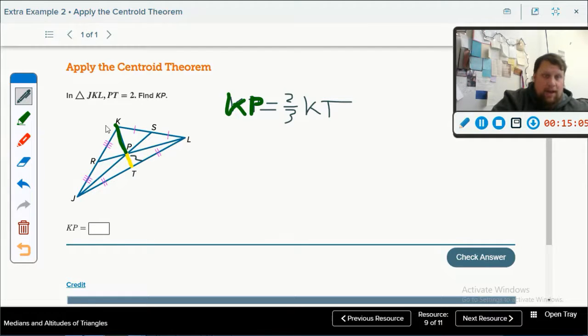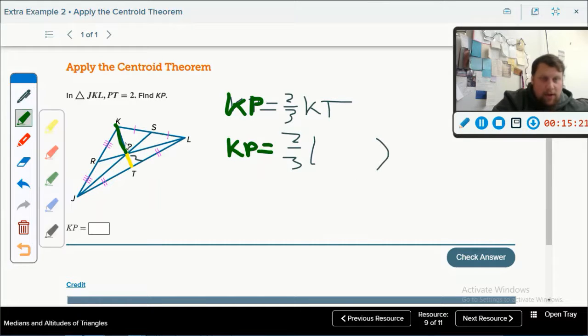But don't forget, KT is made up of 2 little line segments. So now I can say, all right, KP is equal to, trying to color code this to help us out, 2/3 times, what do we know KT is equal to? It's equal to the addition of KP plus PT.